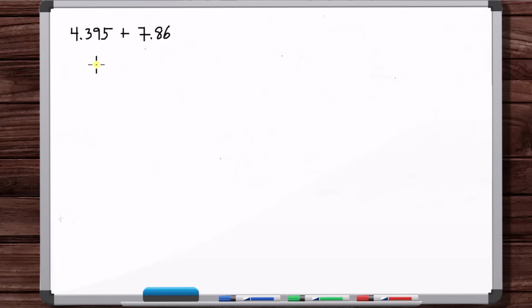So this is the ones place. Align the ones place of this number with the ones place here. And then align the 10 to the minus 1 with the 10 to the minus 1, 10 to the minus 2 with the 10 to the minus 2.